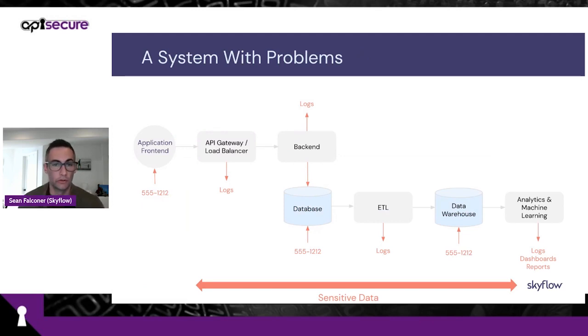So going back to the problem we talked about earlier, the fundamental problem here is we have this sensitive data sprawl. Our customer information just ends up all over the place, and we don't really have a good way of controlling access or even knowing where that information is. With the Data Privacy Vault, though, we can solve this problem.